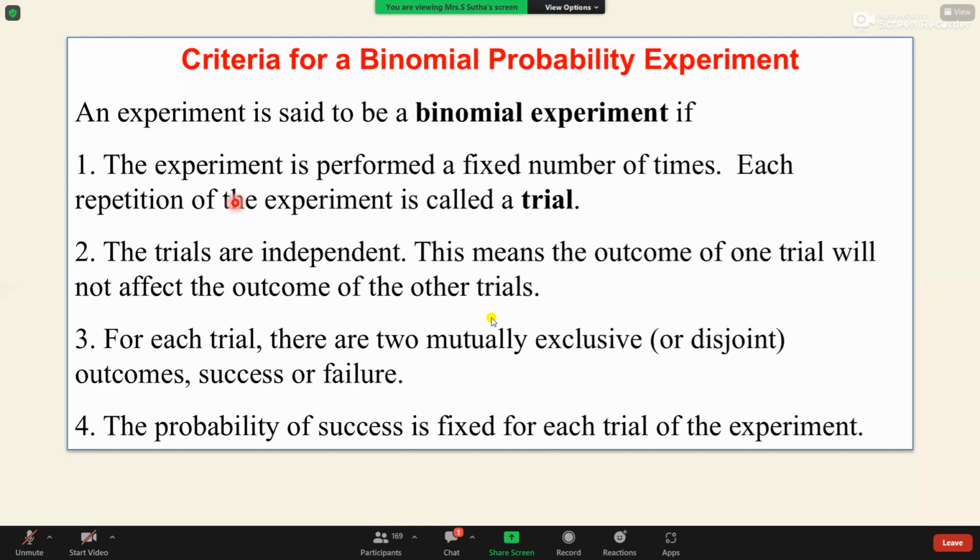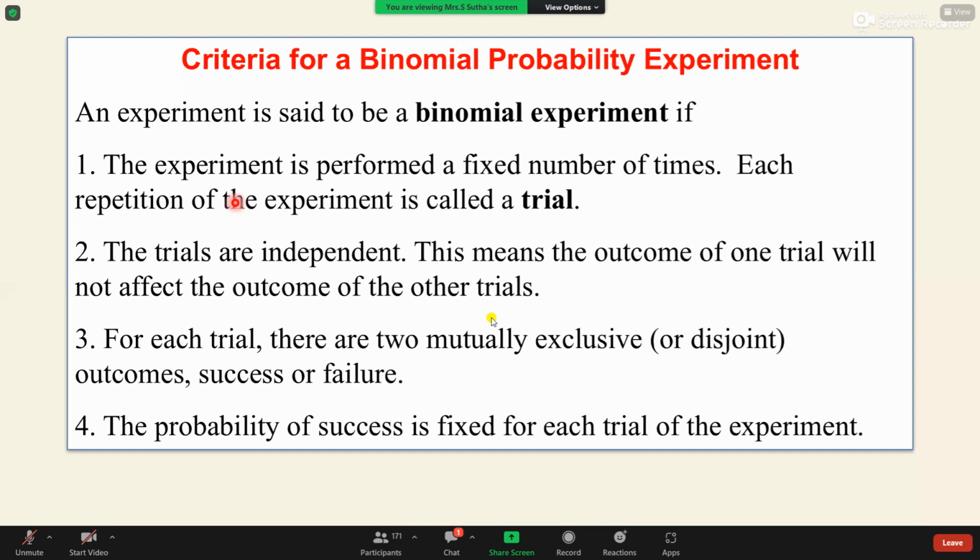Now, for example, we are tossing a coin. That is a random experiment, right? Tossing a coin is a random experiment. This experiment we can perform several times under the same condition, right? First time we toss a coin, then second time we toss a coin, and the third time we toss the same coin. So the first time tossing a coin is a trial, first one trial.